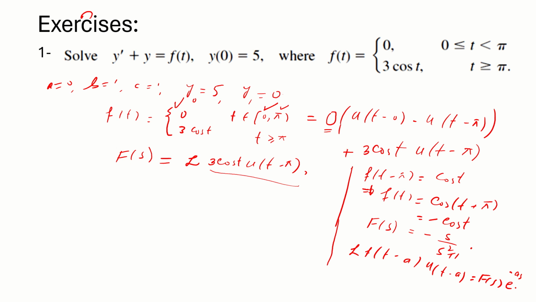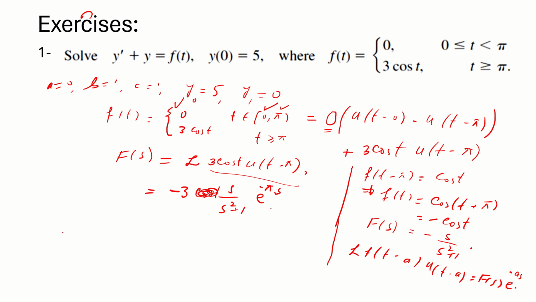By using this concept, here a is pi, so this is equal to, we found that the Laplace of minus 3 cos t is minus 3 s over s square plus 1, times e power minus pi s. This is the Laplace transform of this function.